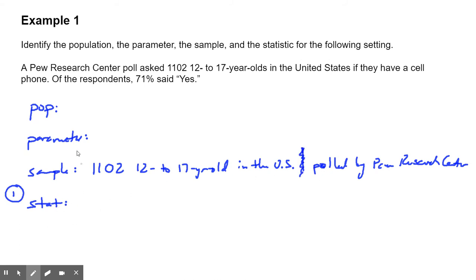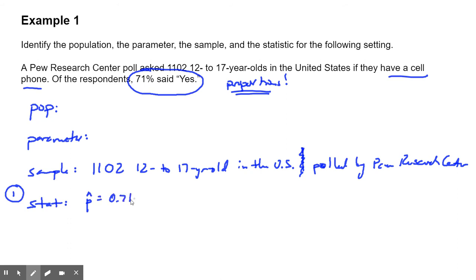So then what is the statistic? Well, the statistic is the percentage who said yes, they have a cell phone. When you see percentages, you need to think of proportions. This is a proportion problem. So instead of using 71%, we're going to use 0.71. And our statistic here is the sample proportion P hat.